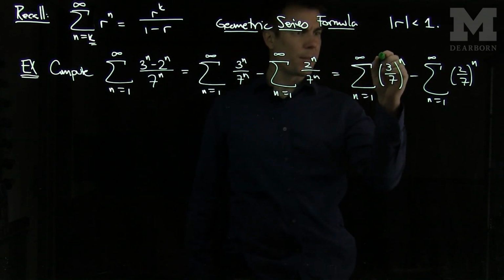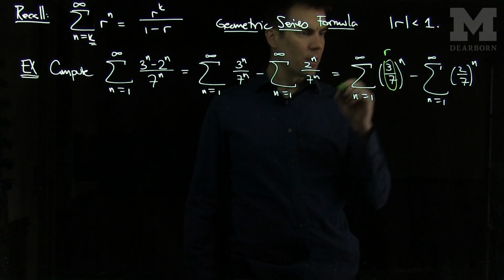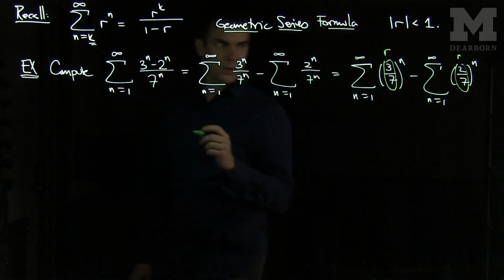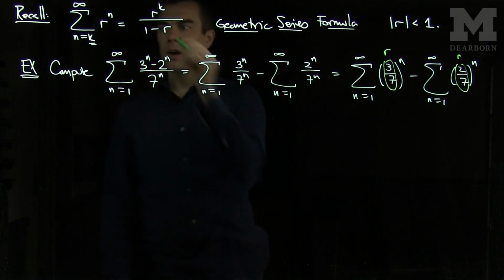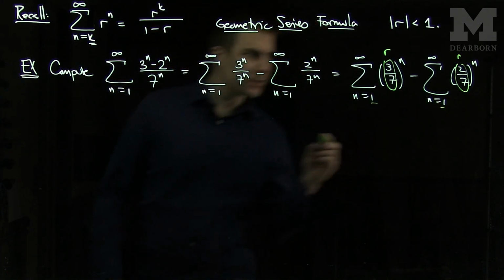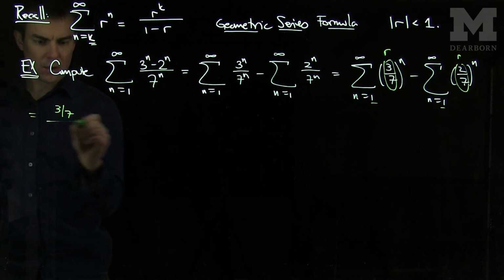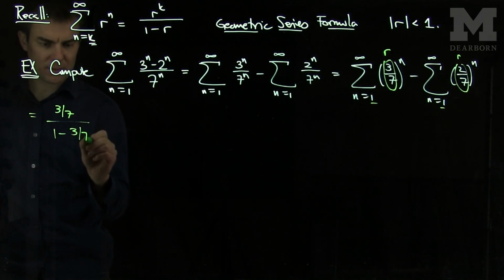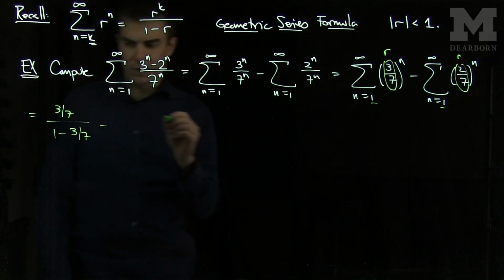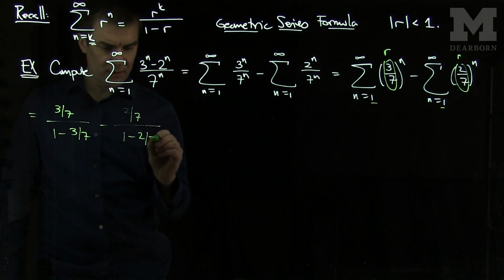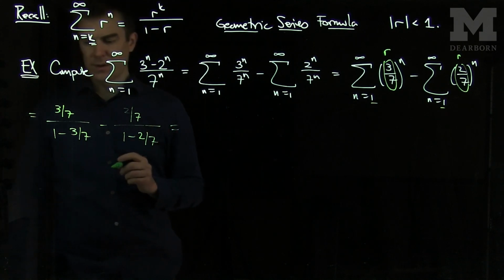We can see that my r over here will be 3 over 7, and my r over here will be 2 over 7, so we have two separate geometric sums to evaluate, and my k value is equal to 1 in both cases. So the first sum will evaluate to 3 over 7 over 1 minus 3 over 7, and then we'll have 2 over 7 over 1 minus 2 over 7, which we can simplify.